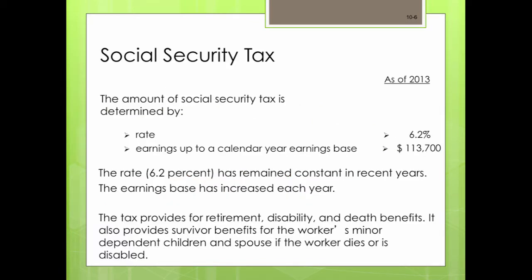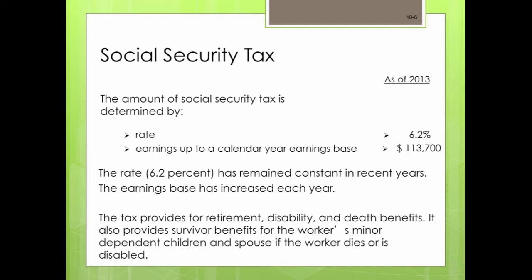Let's go into some of the taxes that we will be covering in this chapter. One of them is Social Security tax, imposed by the Federal Insurance Contributions Act, known as FICA, and collected on employee earnings to provide retirement and disability benefits.